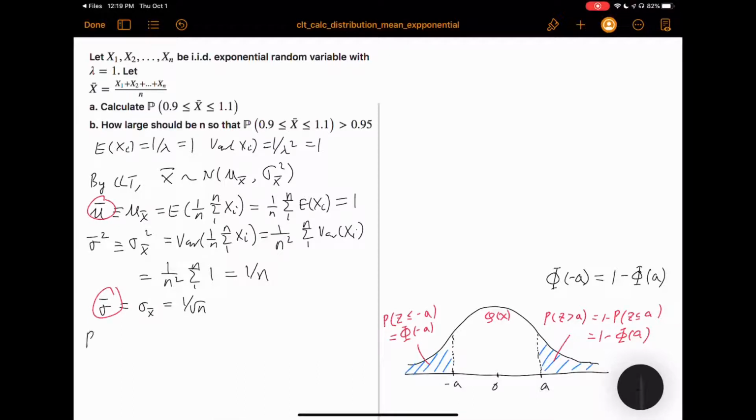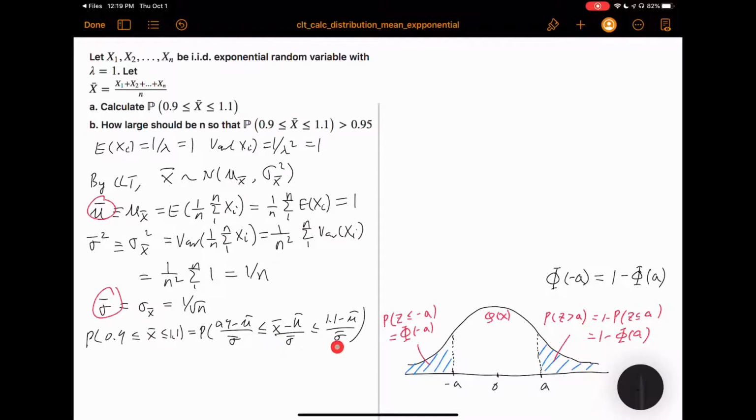So the probability that 0.9 is less than or equal to X bar, which is less than or equal to 1.1, is equal to the probability that 0.9 minus mu bar divided by sigma bar is less than or equal to X bar minus mu bar divided by sigma bar, which is less than or equal to 1.1 minus mu bar divided by sigma bar. Here we just take all the items and subtract mu bar, which is the mean of X bar, and divide by sigma bar, which is the standard deviation of X bar.